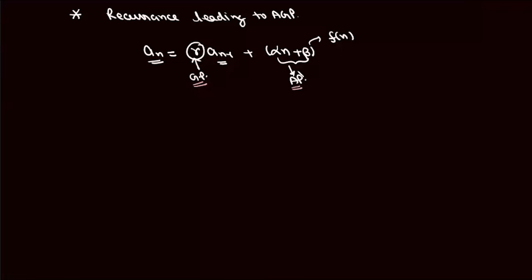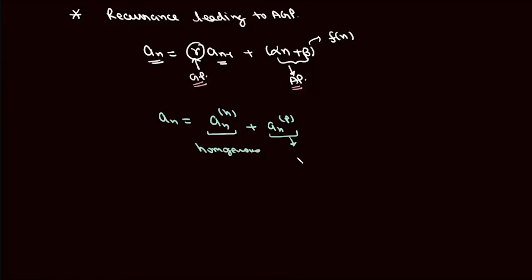A better way to solve it is using characteristic root plus trial solution method. This solution will always be of the form an equals an homogeneous part plus an particular part.